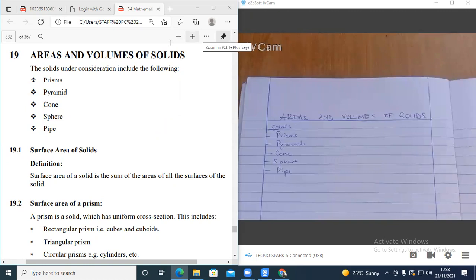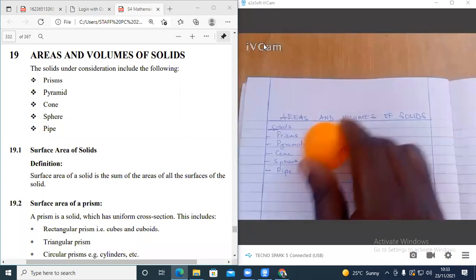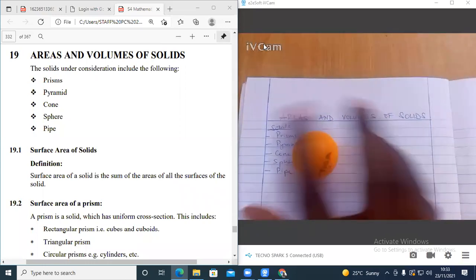For instance, if I have a sphere, let me pick a sphere and I'll show you. Suppose I have a sphere like this. This is a sphere.